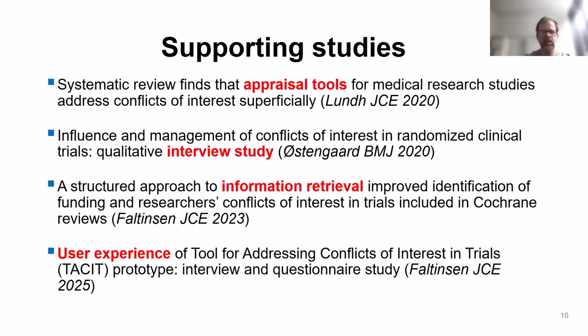So we tried to look at what other types of information sources are out there that can give us more knowledge about who did what in the trial, and whether there was a cause for concern about conflicts of interest in the trial. And the fourth study was a user testing study, or a pilot study, where we had 2 groups of users try out TACIT in 2 different contexts, giving us their feedback on a preliminary version of TACIT.